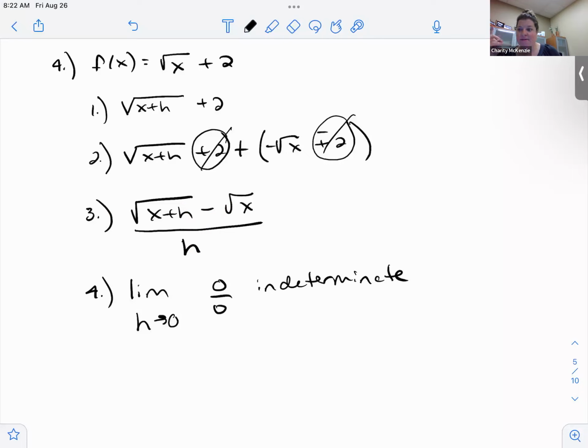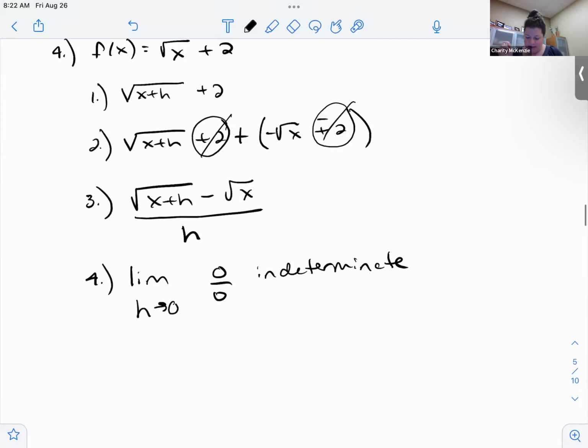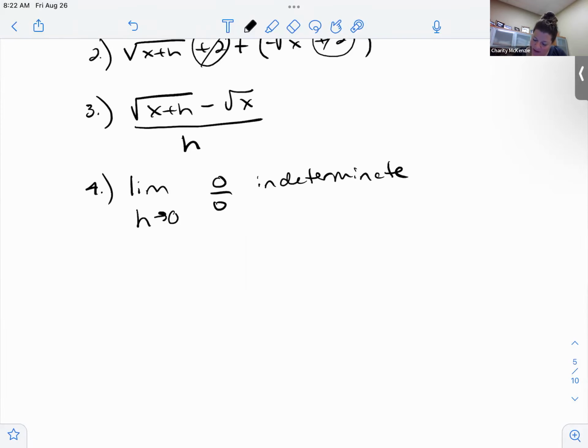So we can factor. Okay, I look at this and go, well, but I can't factor that. Or conjugate. And unfortunately, we're in door number 2. So we're going to have to use a conjugate. Okay, so right now, we have the square root of x plus h minus square root of x.